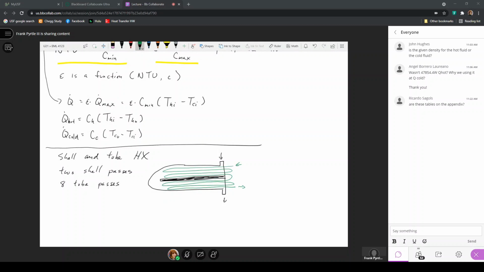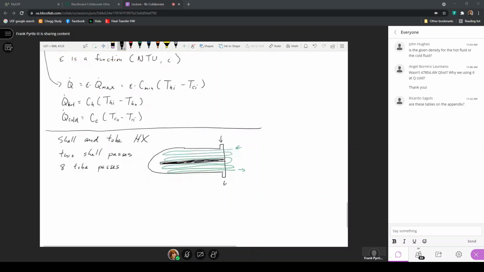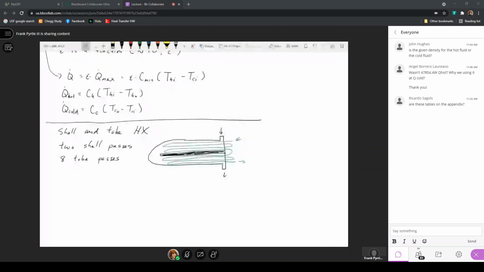So fluid comes in and goes out, so that as the fluid moving through the shell is moving through the entire shell, it's also moving over these tubes, so that there's heat exchange between the two fluids passing through the shell and tube heat exchanger.